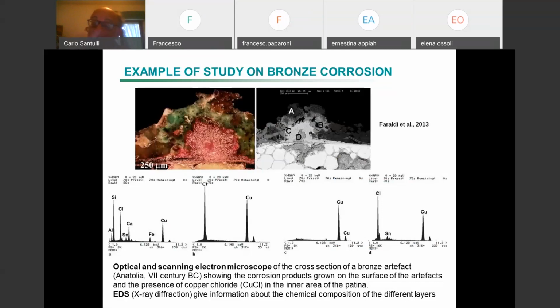This gives you an idea that these techniques can be used to qualify the presence of corrosion in the structure, and also to correlate, why not, with the history of the artifact, depending on what it has been exposed to, for example the presence of seawater or environmental conditions.